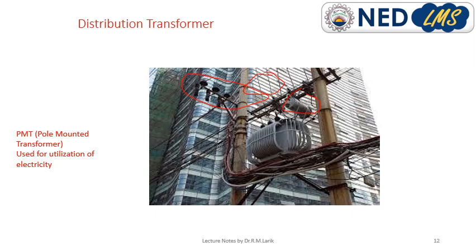Okay, last thing about this distribution transformer: how you identify that this is the 11 kV side and this is the 400 volt side. If you see three conductors, that is the HT side bushing. Bushing means connections. Three connections at the HT side tells you that this is the HT side, and when you see four bushings, the fourth one is neutral. So you identify that as the secondary side, the utilization side.